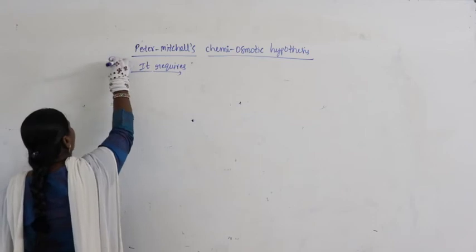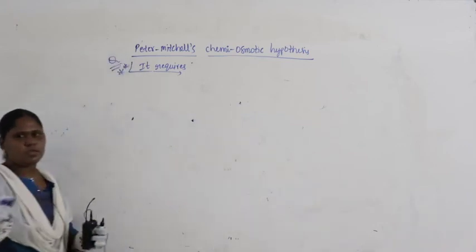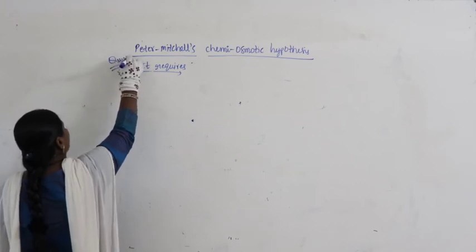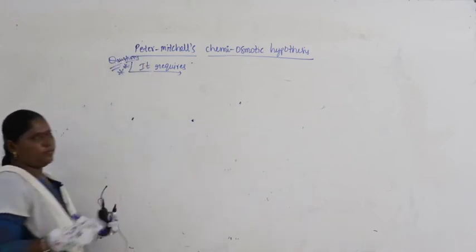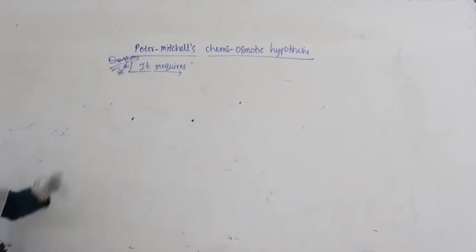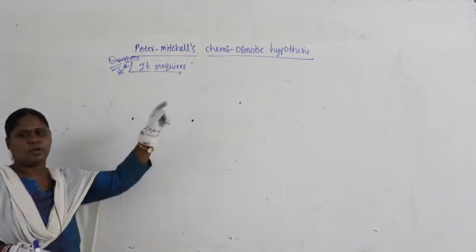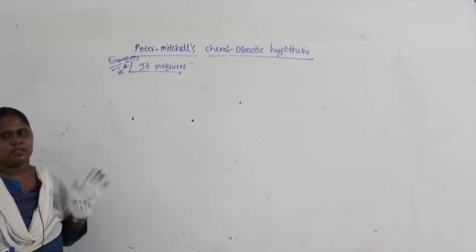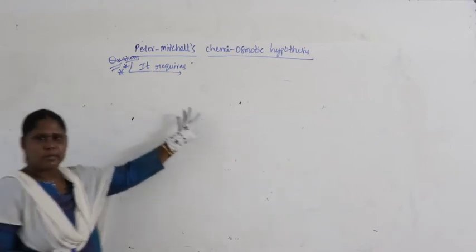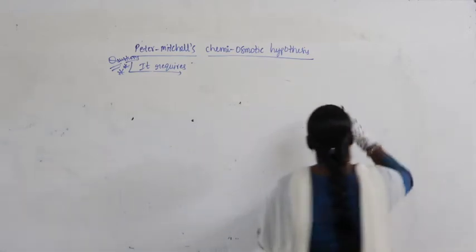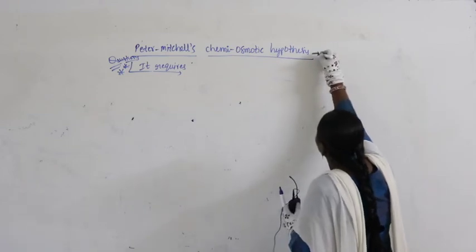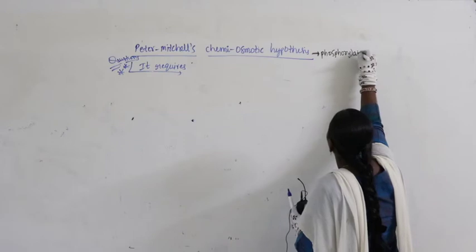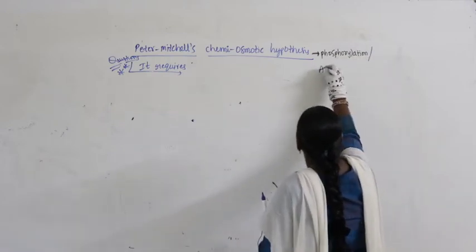Mostly you will get this in the form of a question: to study Peter Mitchell's chemiosmotic hypothesis, what is required in the process of ATP synthesis? This hypothesis finally explains phosphorylation. Phosphorylation means ATP synthesis.